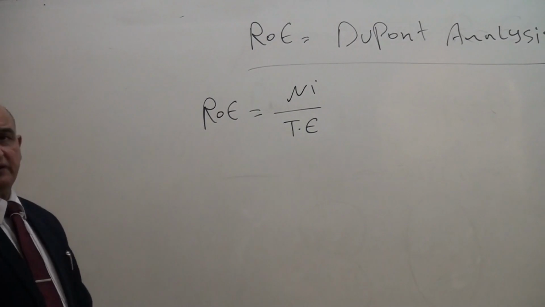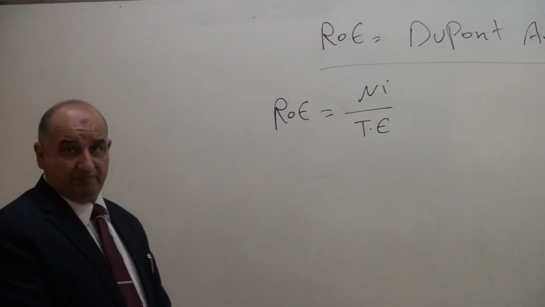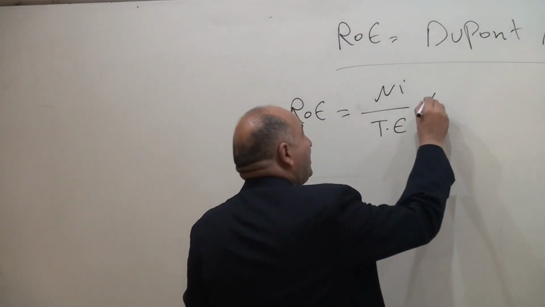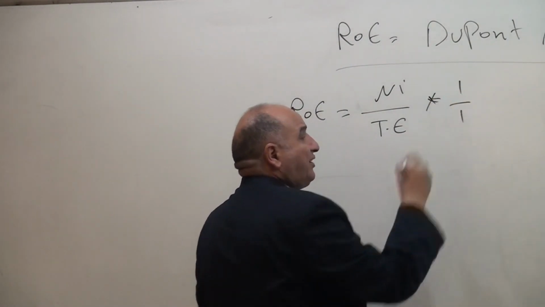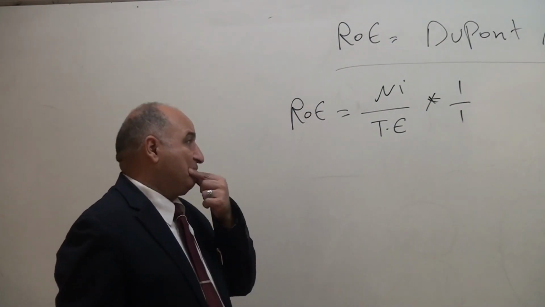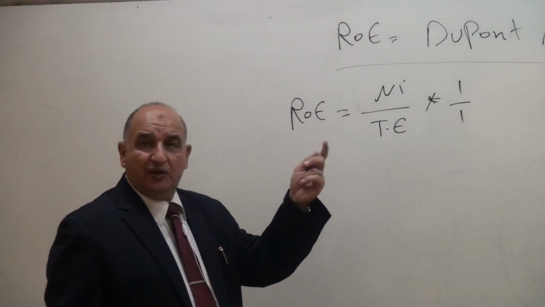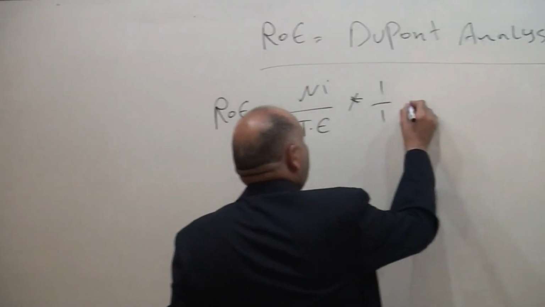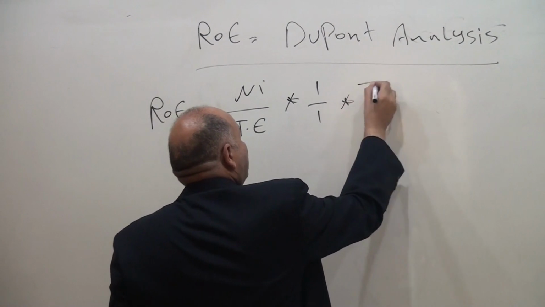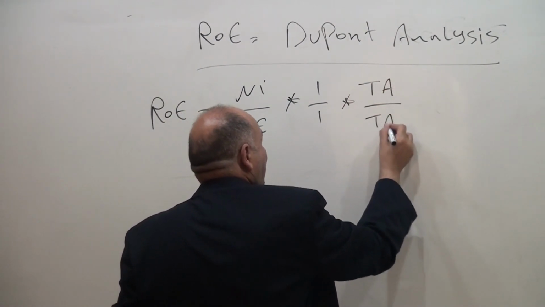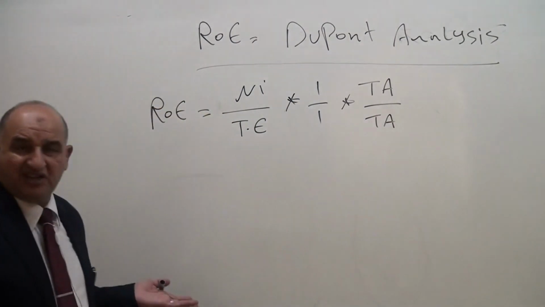In your opinion, is there any problem for this equation to be multiplied by 1 over 1? For sure, no problem. Okay. Instead of 1 divided by 1, is there any problem to multiply by total assets divided by total assets? No problem.